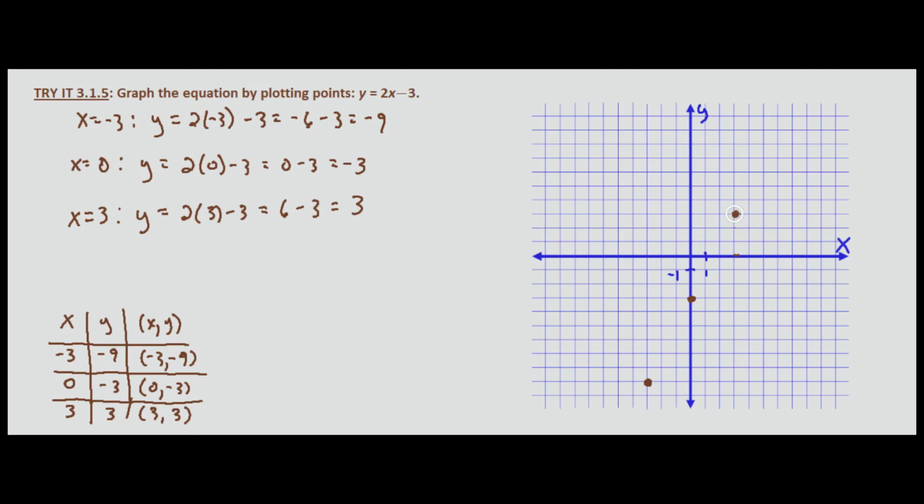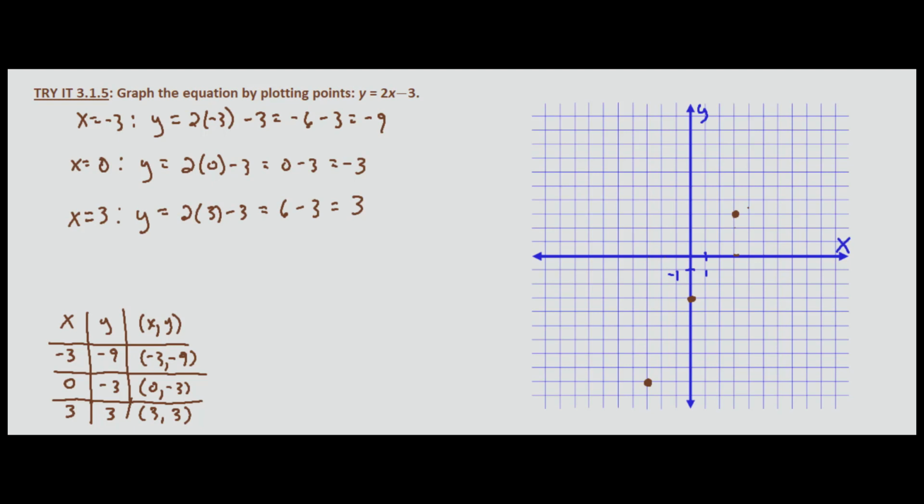And it does look like these are all on the same line, which is a good thing. That way it kind of indicates that we didn't make a mistake with the first 2 points that we found because they all line up.